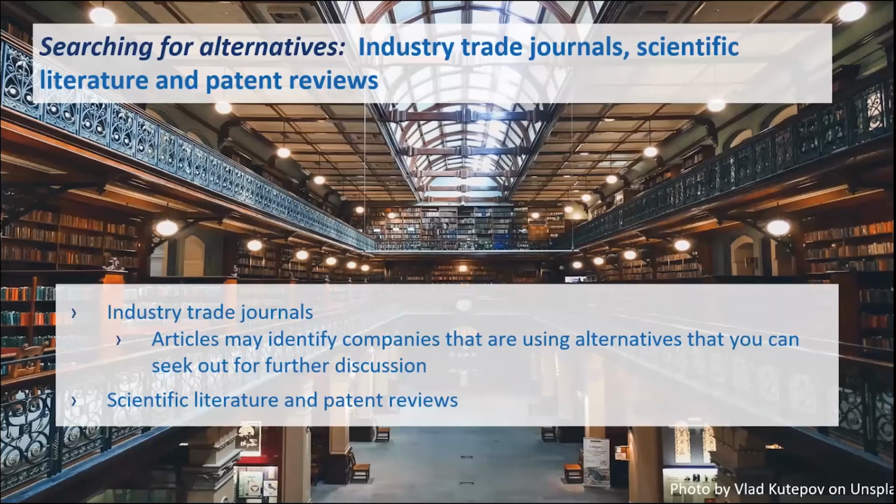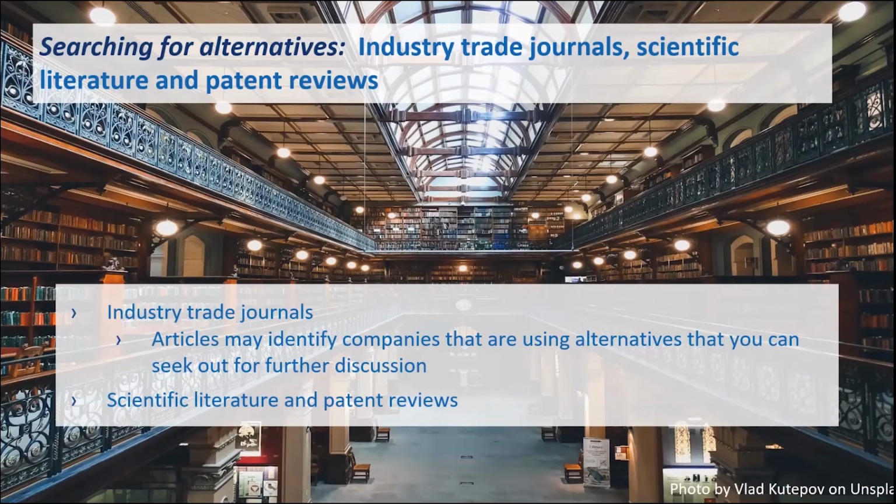Scientific studies and innovations can often be discovered through a search for journals, literature, and patent applications. Industry trade journals often provide information about what is currently being used in the market and feature articles about alternatives to replace hazardous chemicals, especially when there are regulatory and market pressures for change.